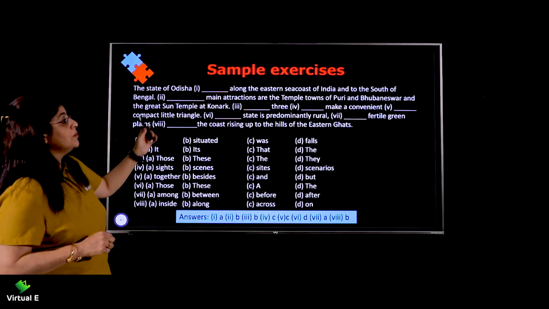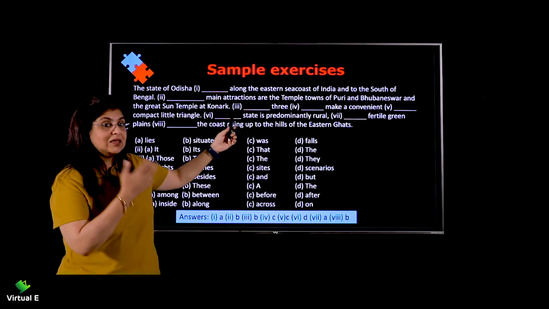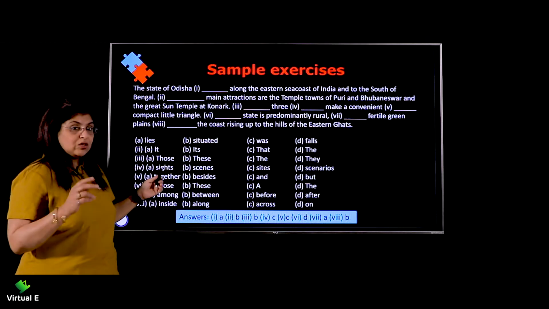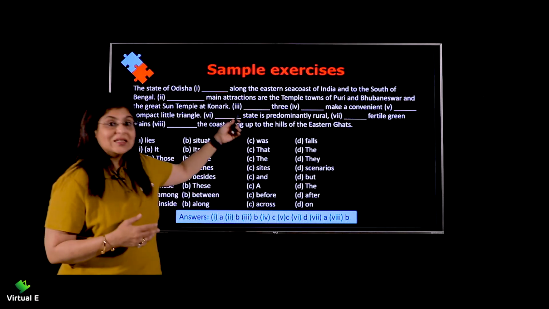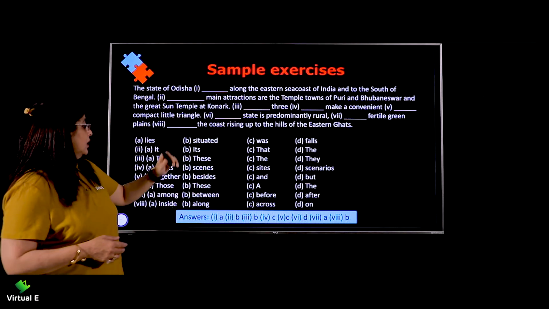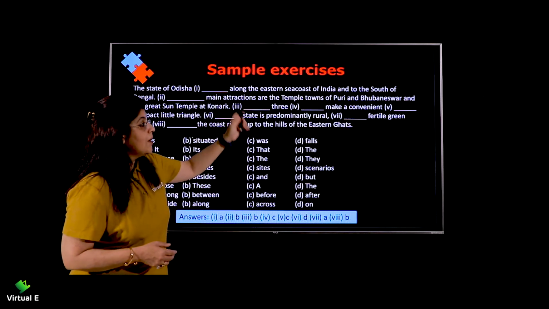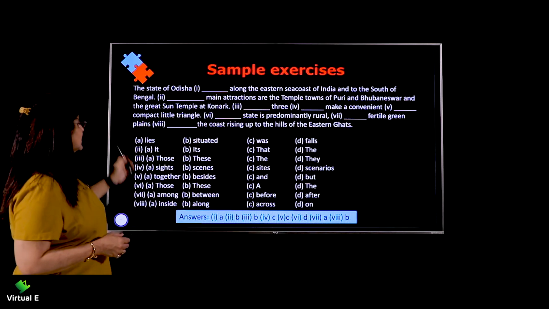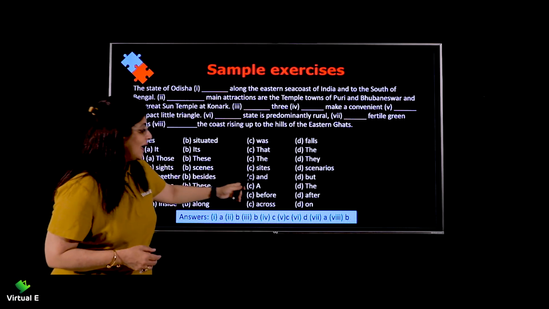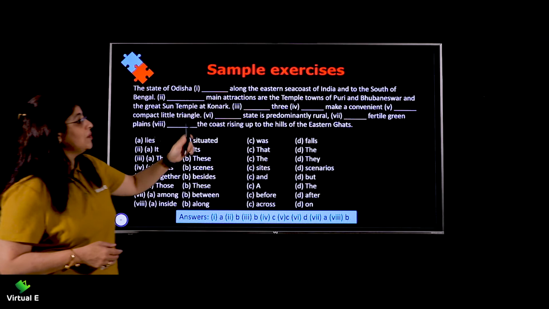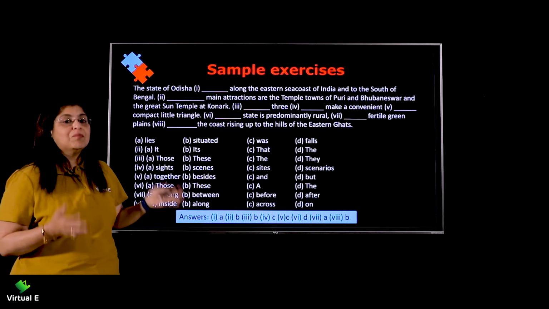So what will you come across? Sites. These are the different sites. See, this site is there to confuse you. This is the site that you see and these are the sites, right? So these 3 sites make a convenient, together, besides, and but. So they make a convenient and compact.